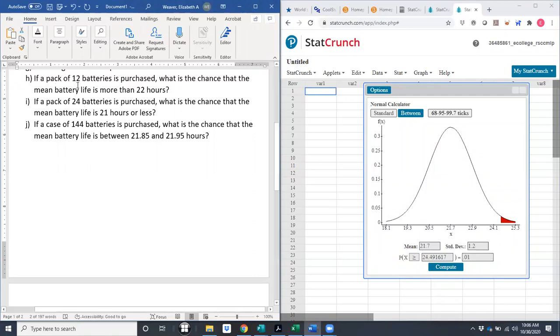So if a pack of 12 batteries is purchased, what's the chance that the mean battery life is more than 22 hours? So my mean stays the same. Mean of the sampling distribution is the mean of the population, so that does not change.